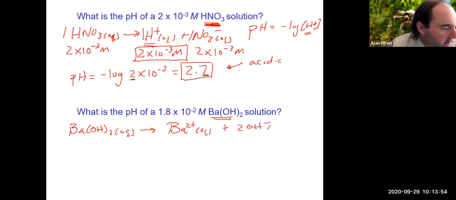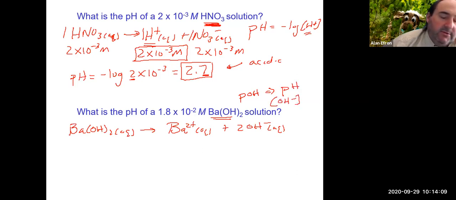Again, we're interested in the pH, but we have hydroxide, so we can get to the pOH first and then get to the pH by figuring out the hydroxide concentration. The barium hydroxide is 1.8 times 10 to the minus 2 molar. It's a 1-to-1 relationship with barium, so not that we really need the barium's concentration, but it would be 1.8 times 10 to the minus 2.